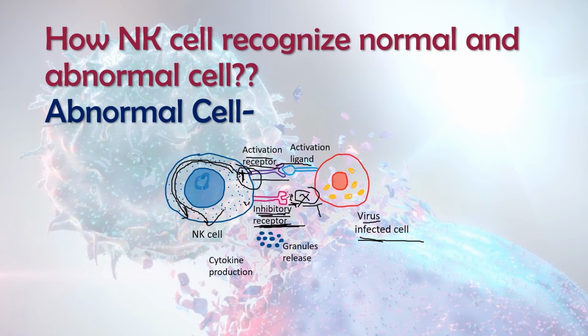This activation kills the infected cell, either by secreting cytokines, okay, after activation of NK cells there is a production of cytokines, which may be interferon gamma, and also by secreting granules.